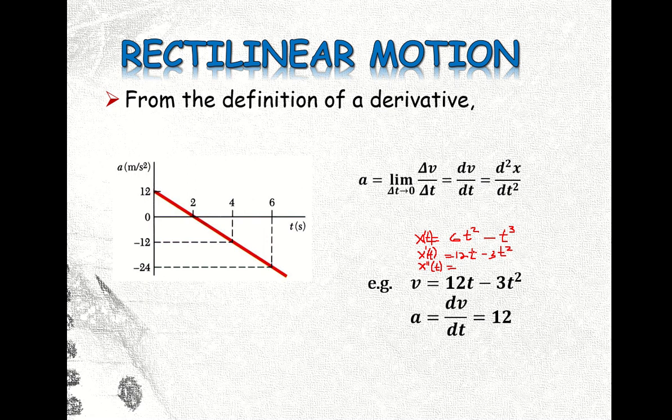What is the derivative of this? The derivative of 12t is 12, then minus 6t.